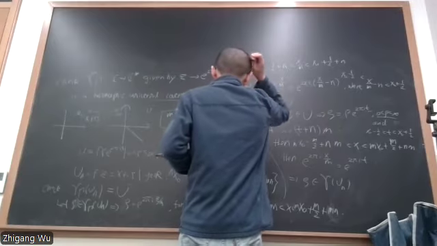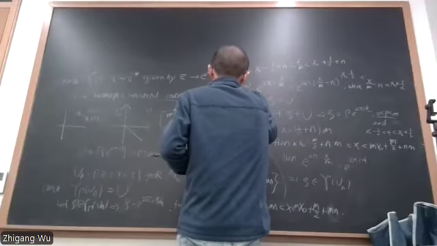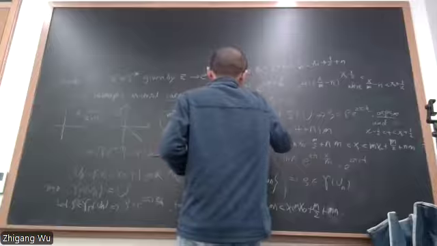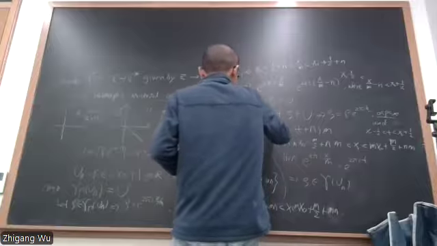Yes, it should do the same. So yes, it should be n times 2 pi.